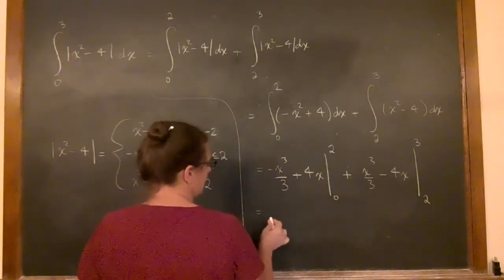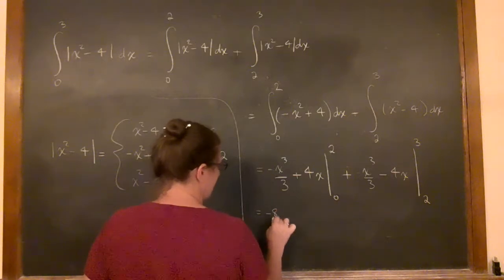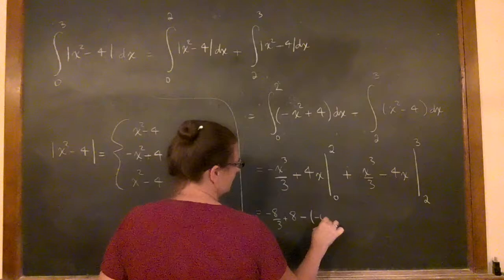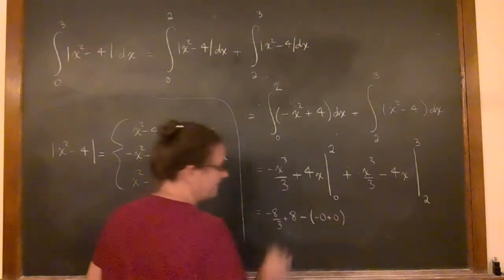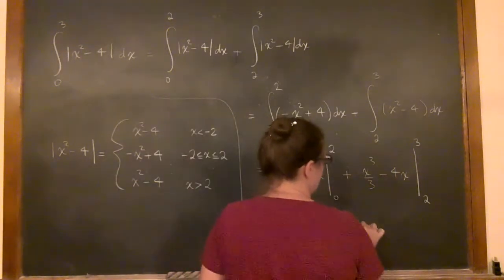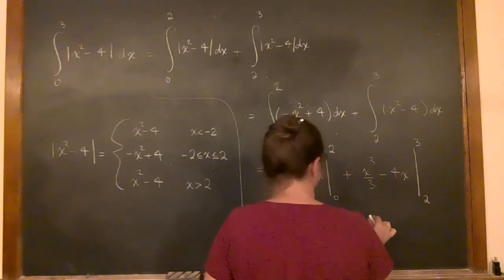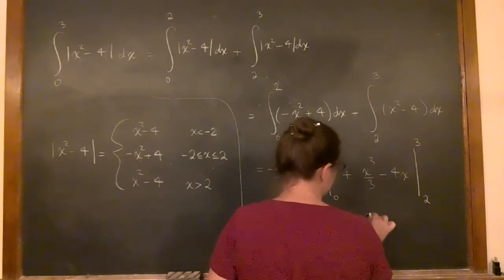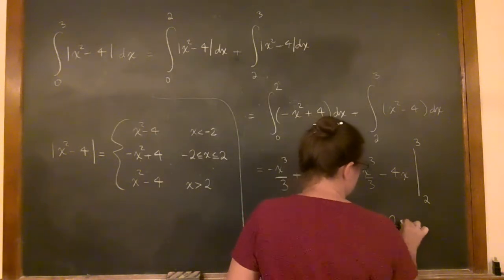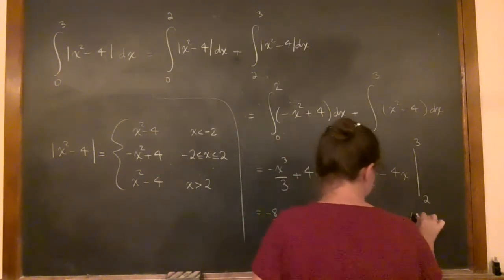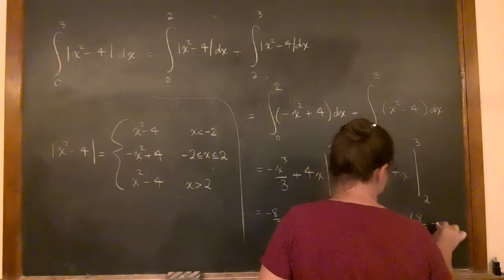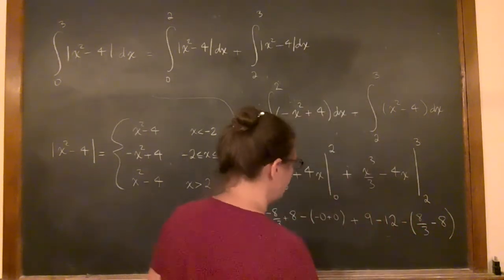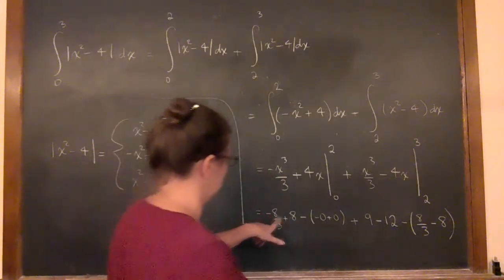I'm going to have minus 8/3 plus 8, minus, and I'm going to write it so we don't forget, 27/3, 27/9, yes, thank you, minus 8/3 minus 8. Now look, it does add up.